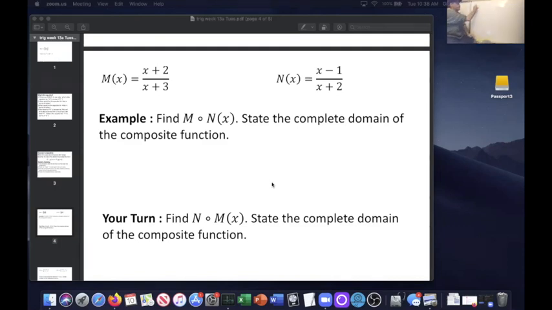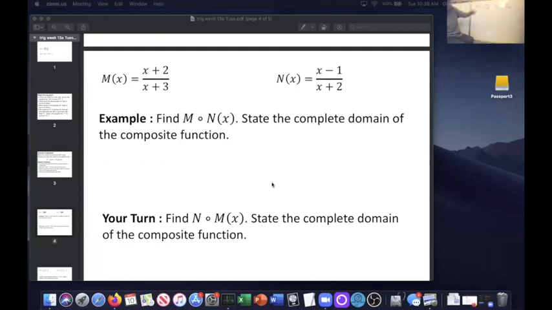Okay, so when you have this little notation that they give you, let me write these functions down. You take the function on the right, you put it into the function on the left. So you go from right to left. Now people sometimes make mistakes because we read from left to right, so we might react to the first thing we see.